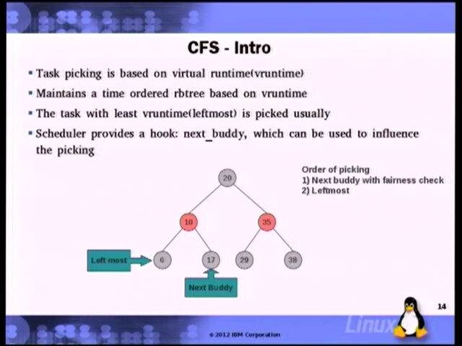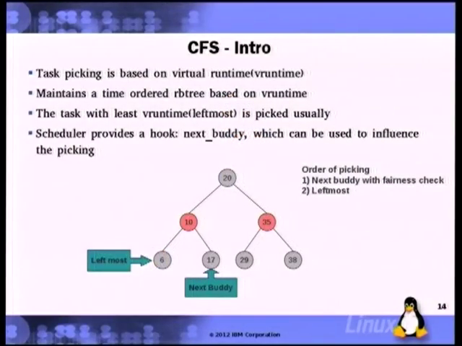If you want to alter the order for some reason, for example if a task is waking and you want this task to run rather than the leftmost task, set next buddy is used for such optimizations. The order is: it will see if the next buddy is set and it doesn't break the fairness, then the next buddy is selected. Otherwise, the default case is always to pick the leftmost task to schedule onto the CPU. This runs on all CPUs independently.